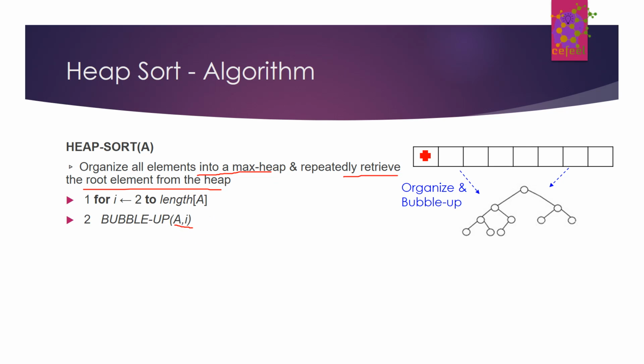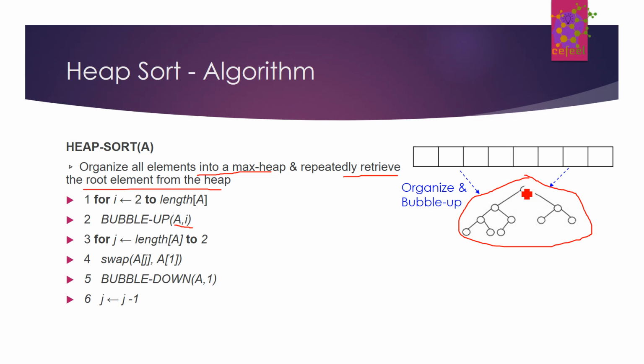So what happens is this array is now organized as a heap. Now when we say as a heap, we still store it in the same array, but it will now be organized in a way that it becomes a heap.